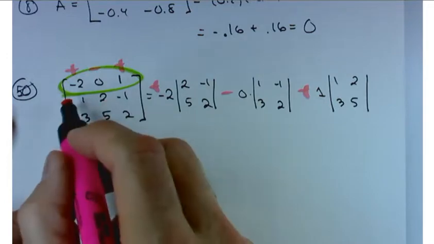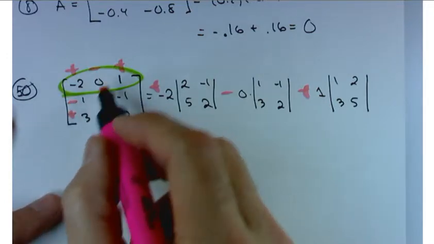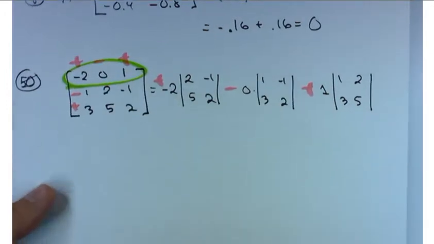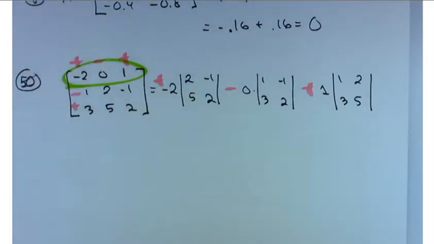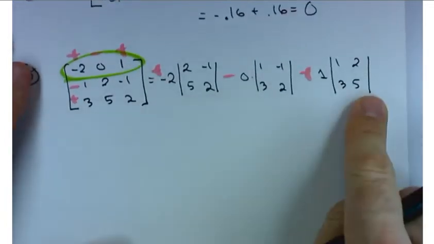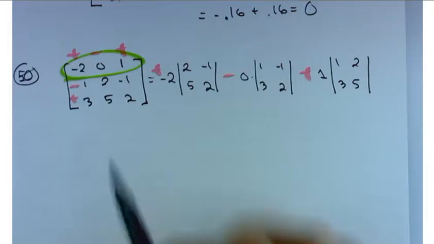You can go anywhere. But this plus, minus, plus pattern holds throughout the matrix. So whatever row or column you expand on, you're going to use these pluses and minuses to help add them up. This is the setup. If you can get here, we can finish it off because we know how to calculate 2 by 2 determinants. So let me pause for a second.